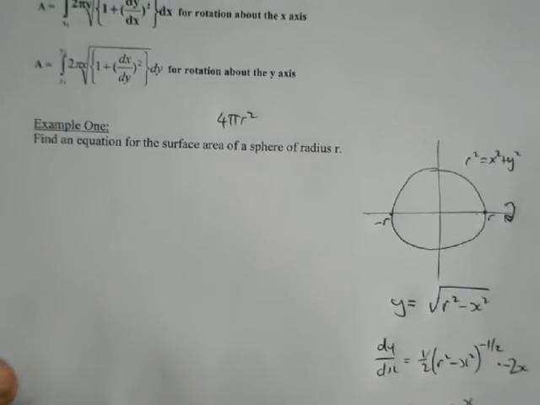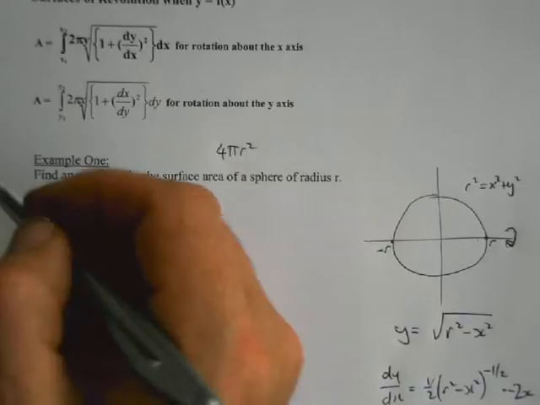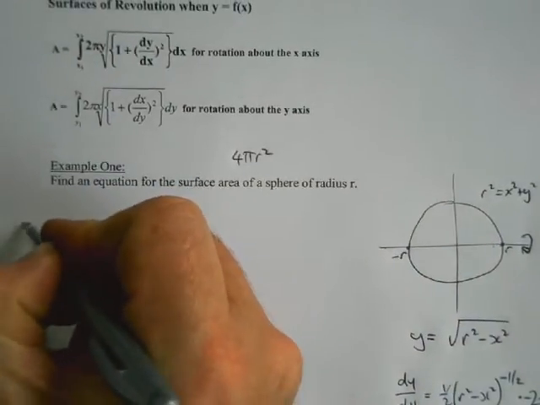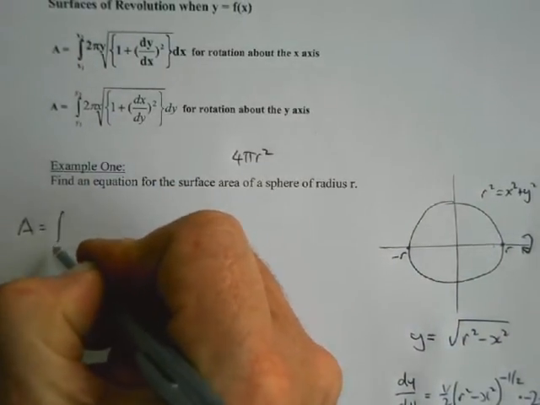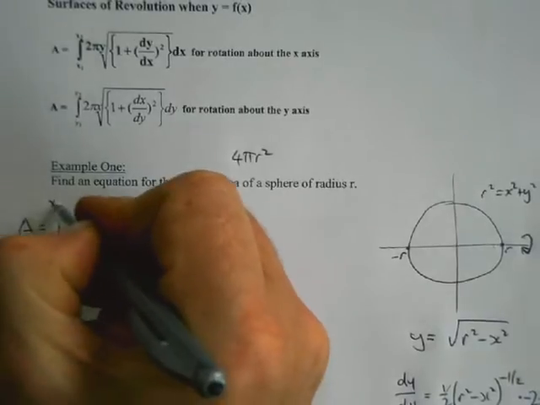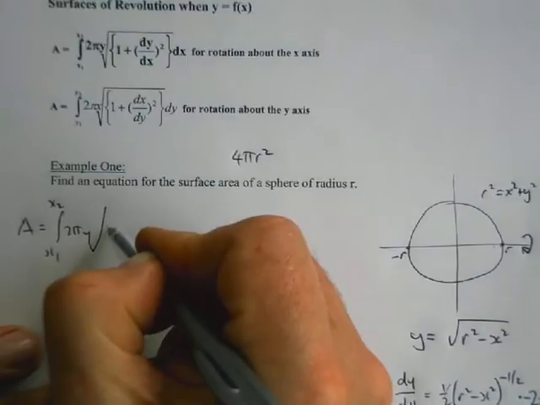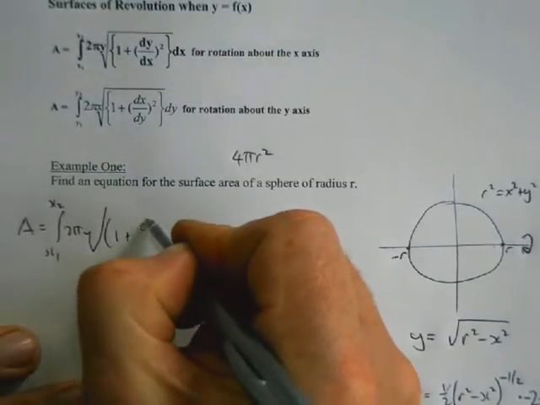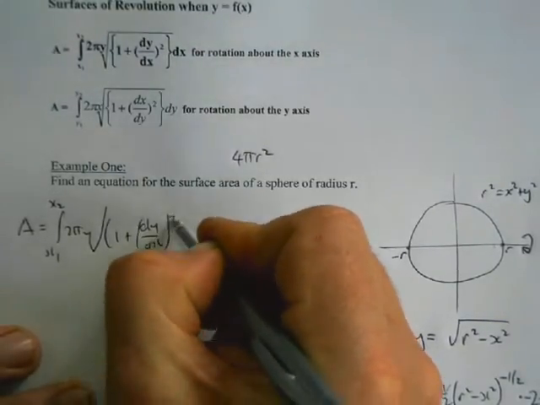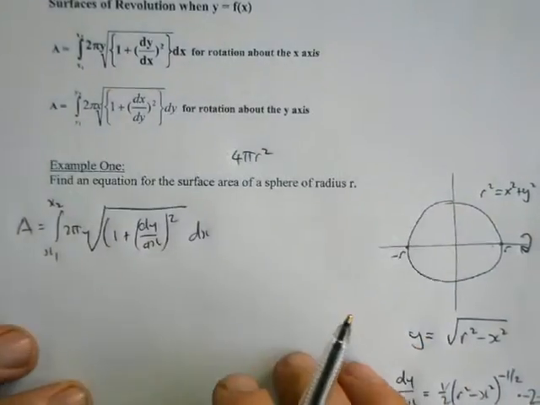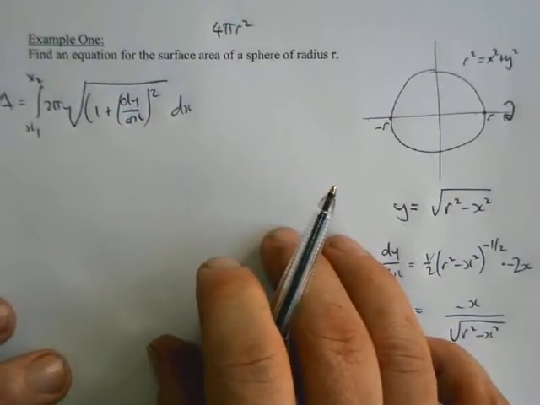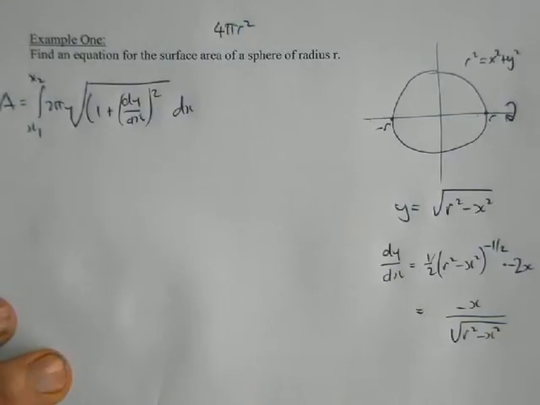So the area of the curve, according to that formula I've got at the top, should be the integral. I'll just copy the formula down so we can see the whole thing: 2 pi y square root of 1 plus the derivative squared dx. Okay, so that's our formula, and there's our pre-worked bits and pieces down the side here, so we should be able to just substitute everything in.